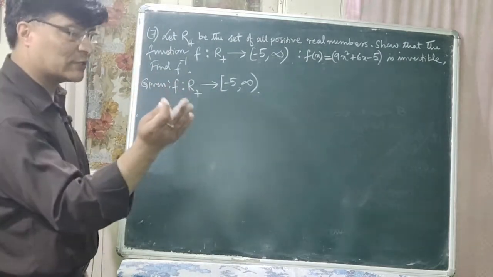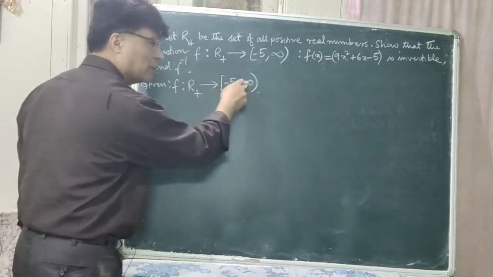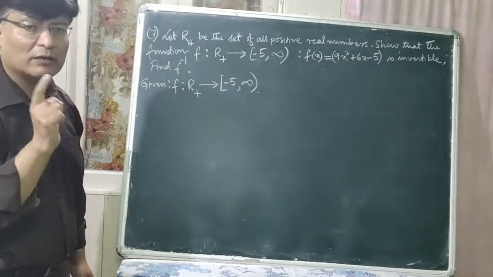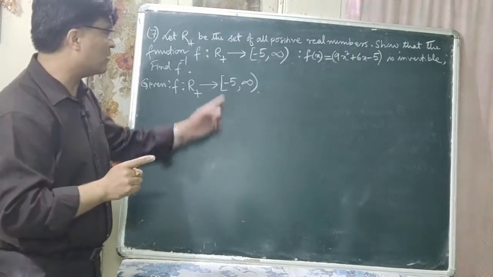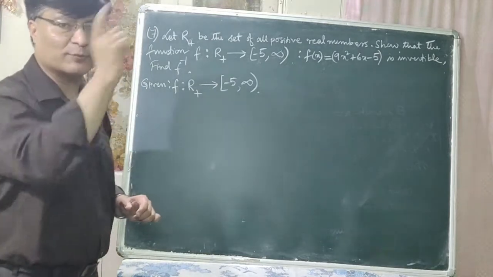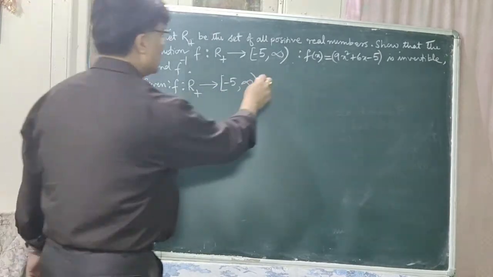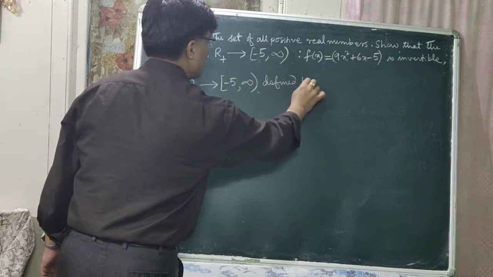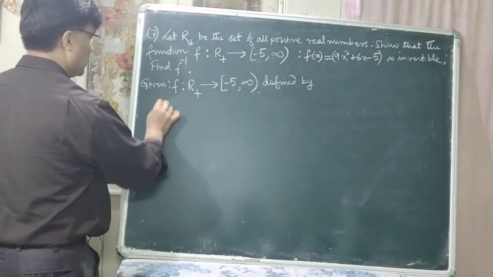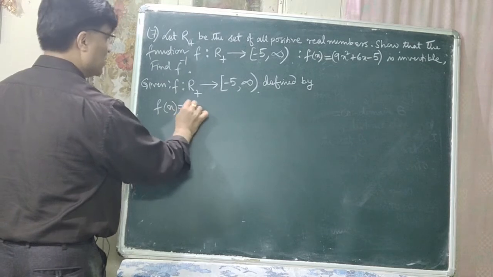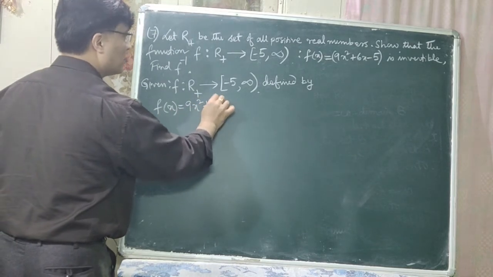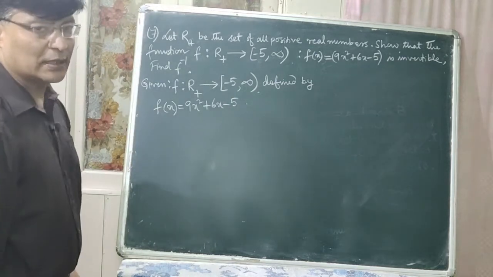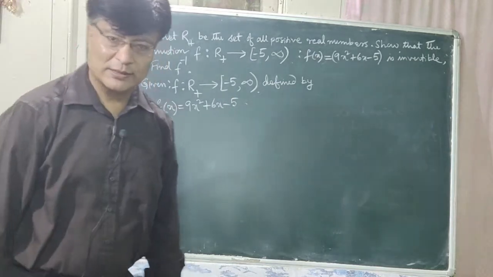All the real numbers greater than or equal to minus 5 go up to plus infinity. It is defined by f of x is equal to 9x square plus 6x minus 5. So I think you have understood it. Okay.